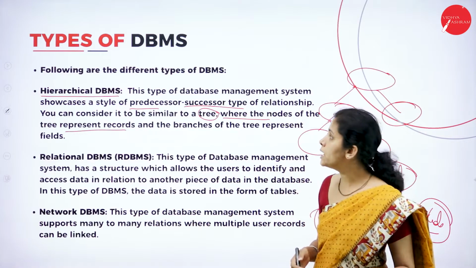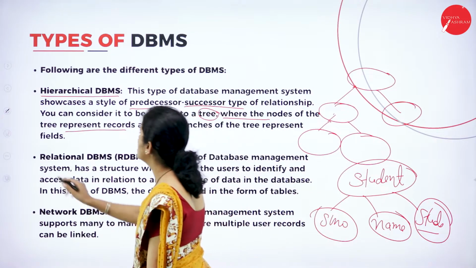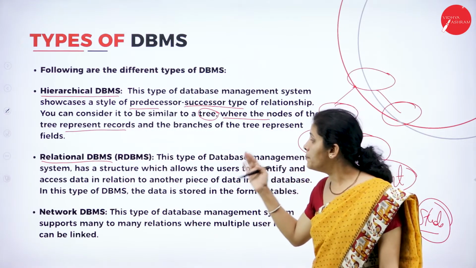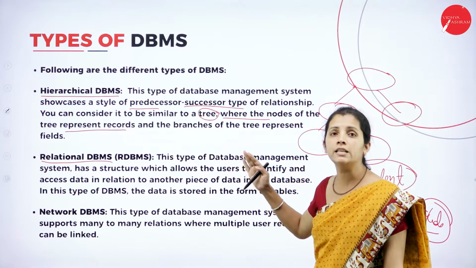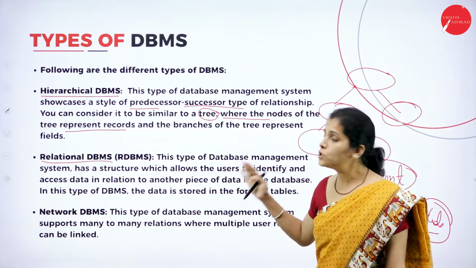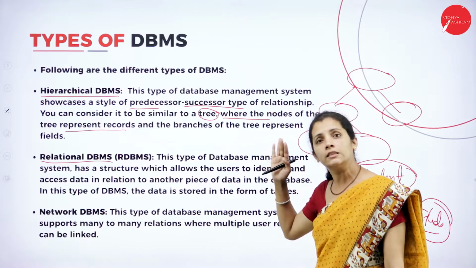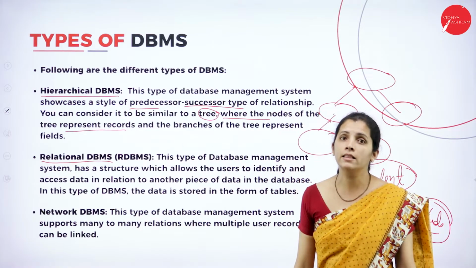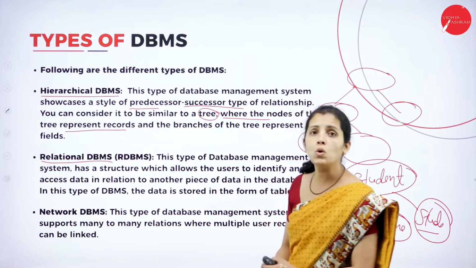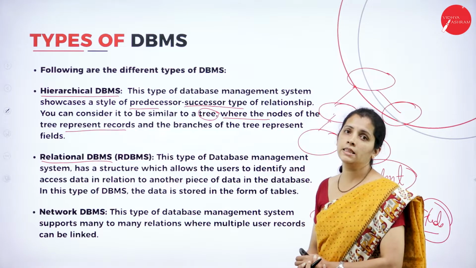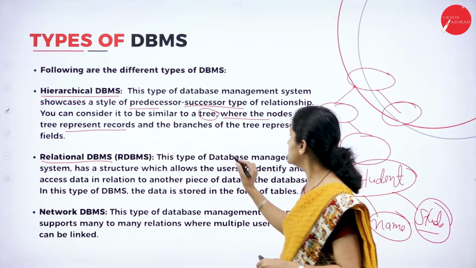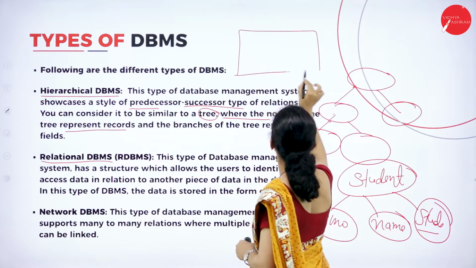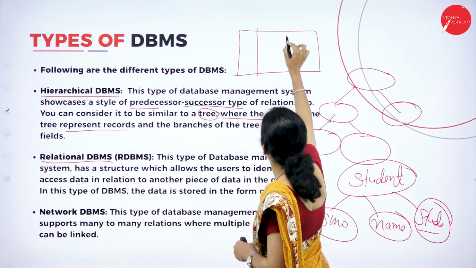Then the second type of database here is the relational database. The database type itself indicates that it is relational. So what is this relational? That is nothing but the databases are represented in the form of rows and columns, that is nothing but tables. For example, think that this is my student database.